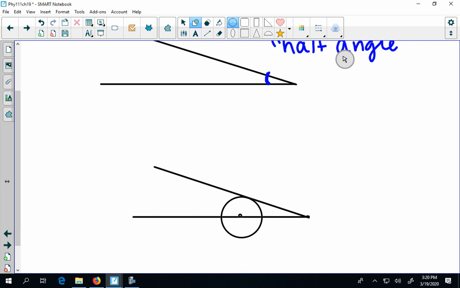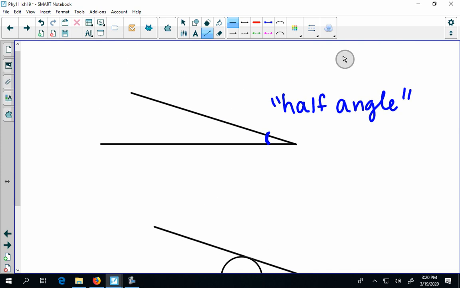And then I can make sure my cone is correct. So if you had this half angle given to you, or you could draw a half angle with your protractor, you could put in a circle.